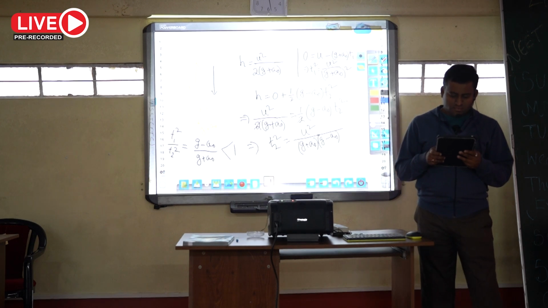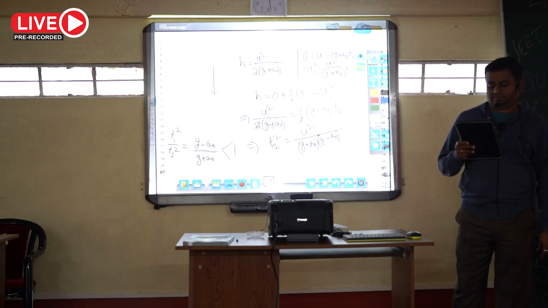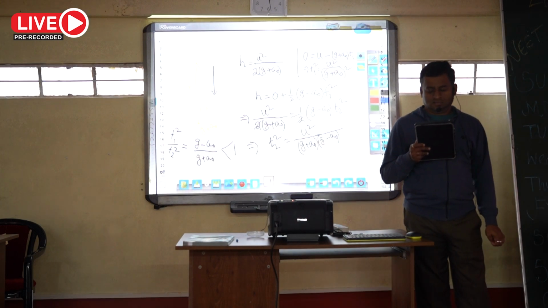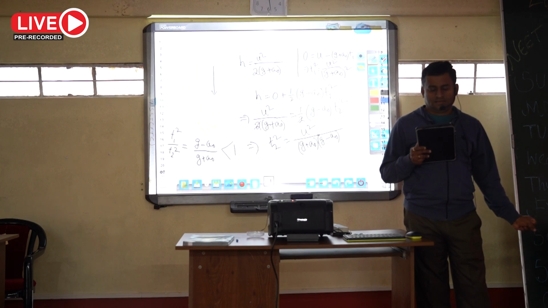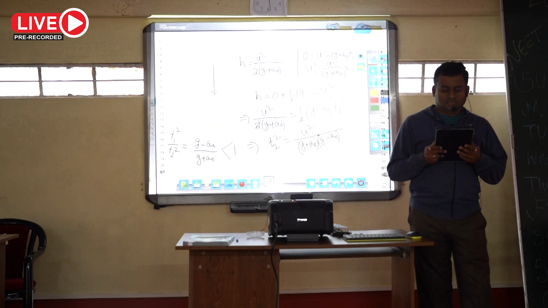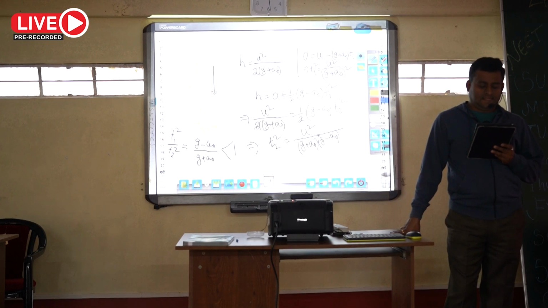A stone is released from it when it is at a height h above the ground and moving upward.